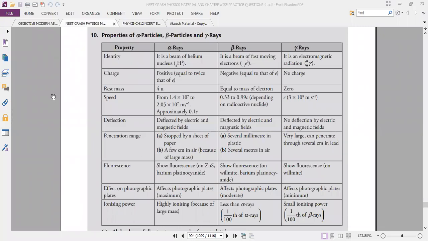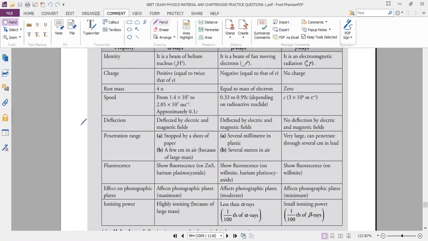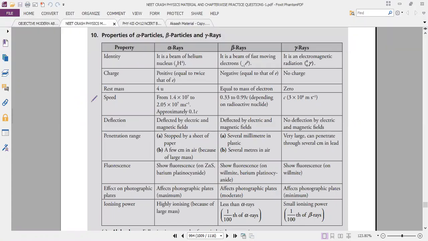For example, carbon. You know very well, carbon atomic number is 6. Then mass number 12.